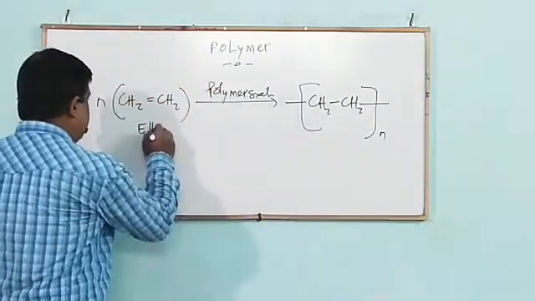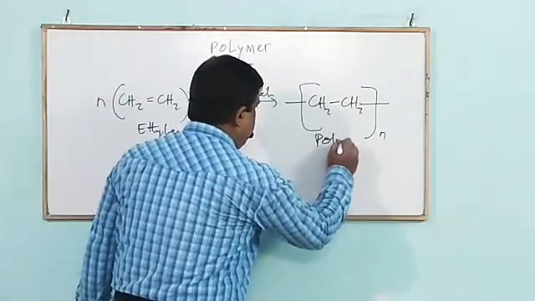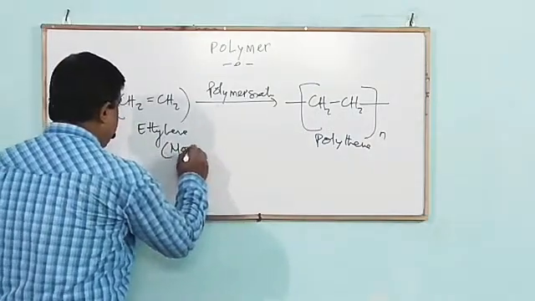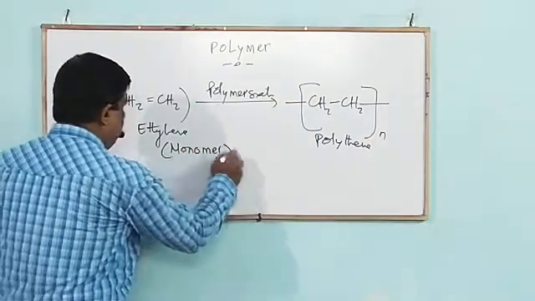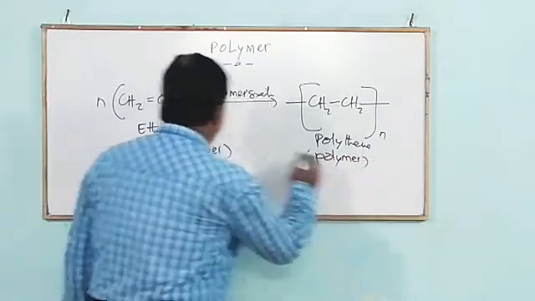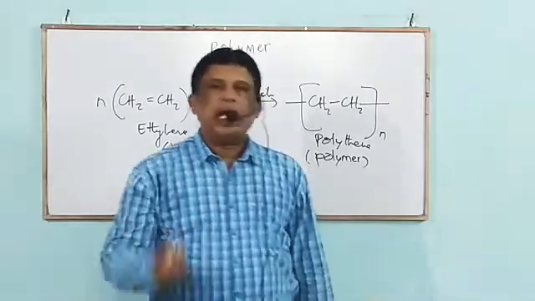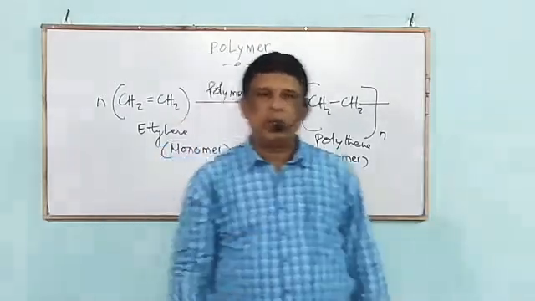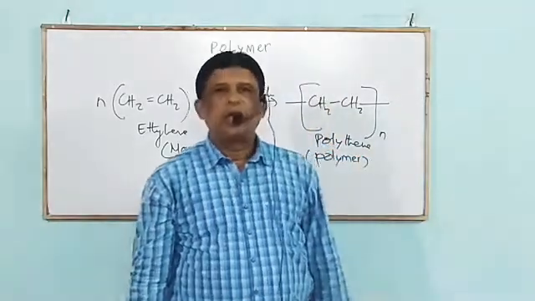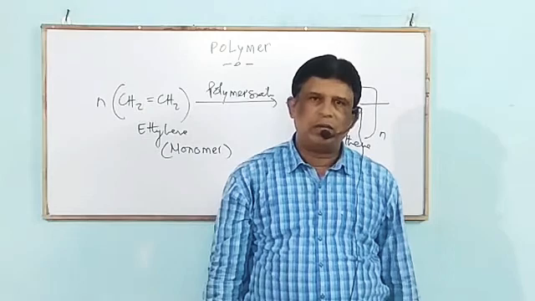Its name is polyethylene. Ethylene is the monomer, polyethylene is the polymer. The simple single repeating unit is known as monomer and the single giant unit formed is known as polymer, and the process of formation of polymer is known as polymerization.